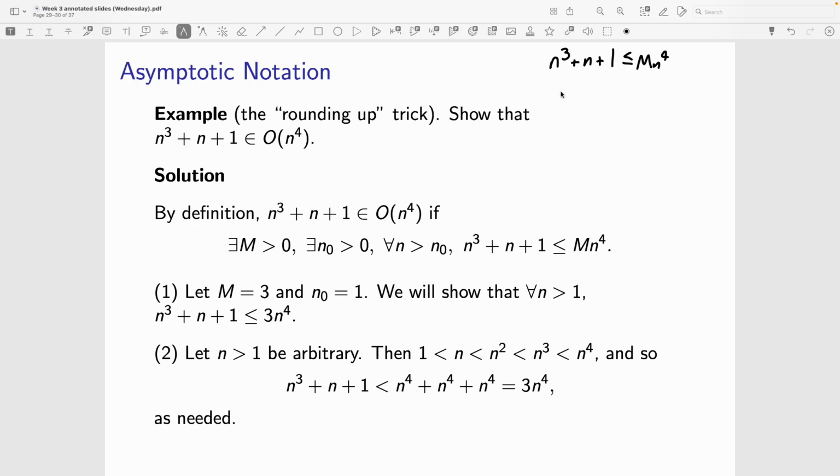And in this case, we're going to want to find something larger than n cubed plus n plus 1 that only has one term, so that we can then do some simple division to solve for n with a simplified inequality.